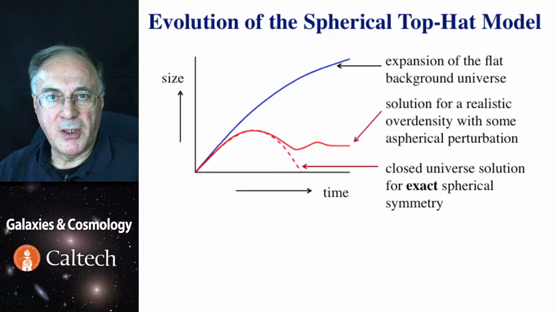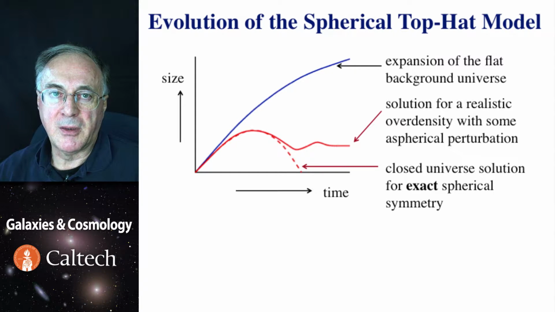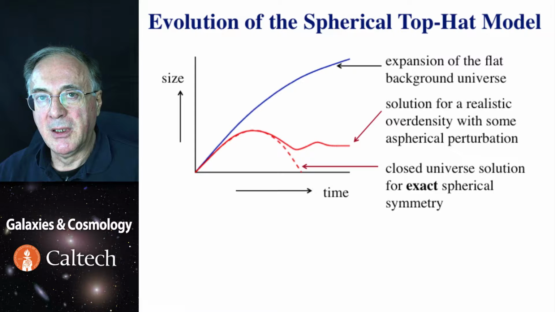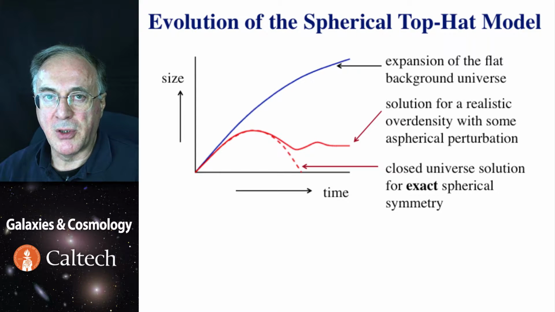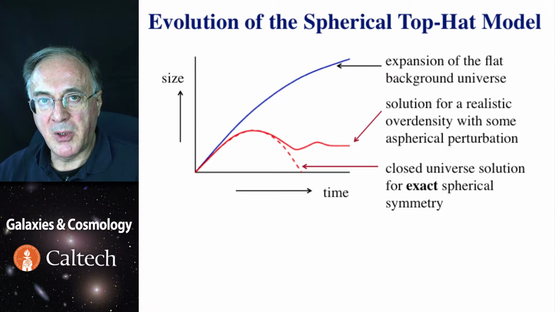So it splits from its background, and if it were a perfect model that can recollapse to a point, then it will be simply shown as the curve here. In reality, it does not collapse back to a point. It collapses to a certain finite radius in which the system is in a virial equilibrium.